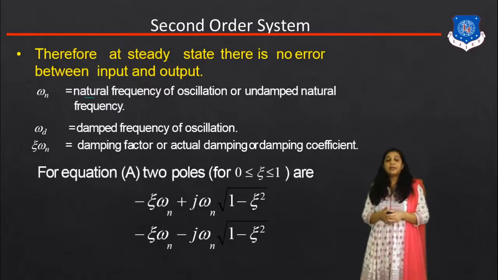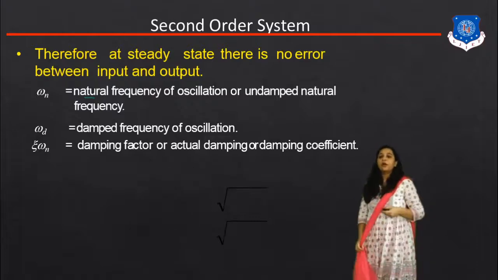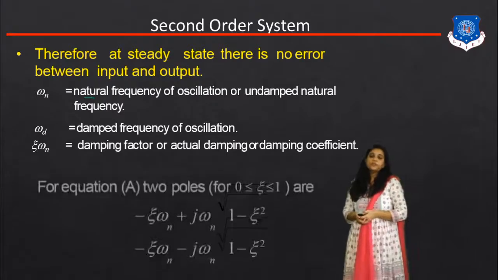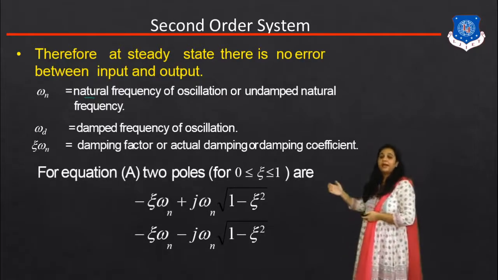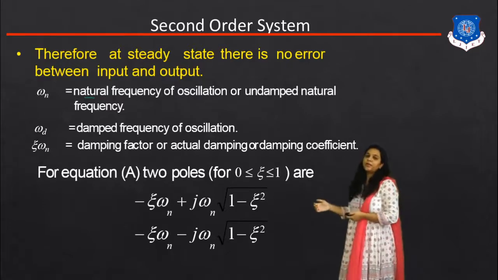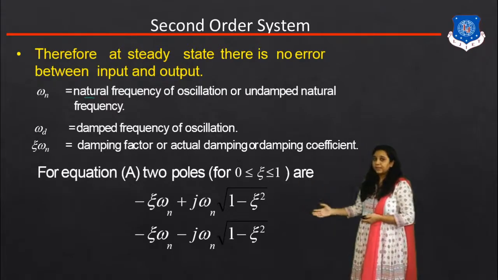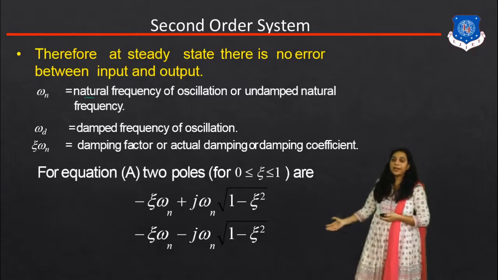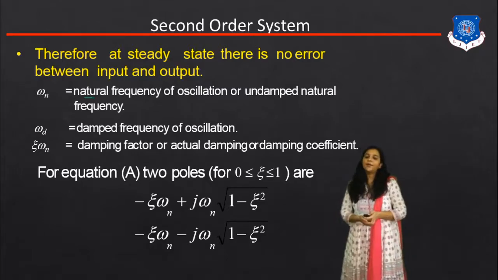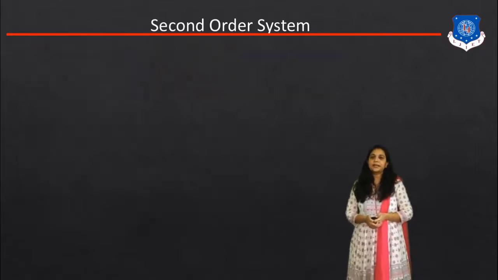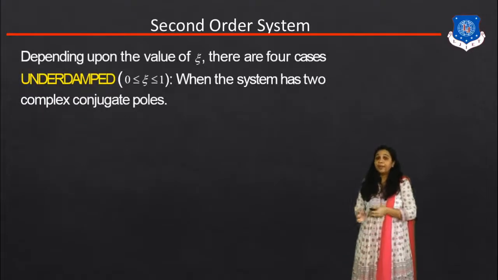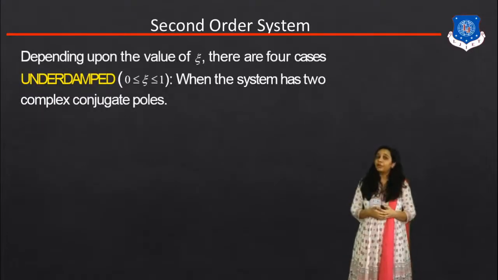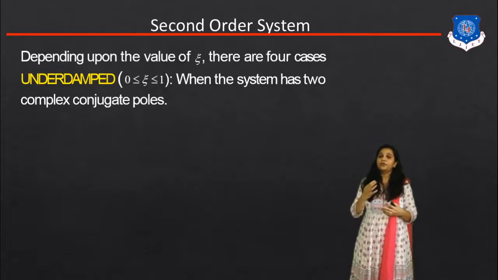For equation A, if we want to find the two poles, we get minus zeta omega n plus j omega n under root of 1 minus zeta square, and minus zeta omega n minus j omega n under root of 1 minus zeta square. Depending upon the value of zeta, we get four responses.